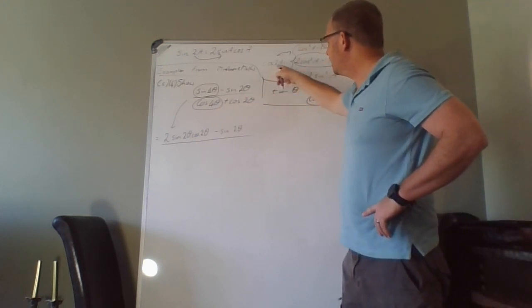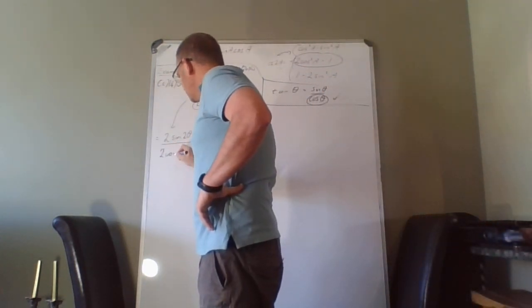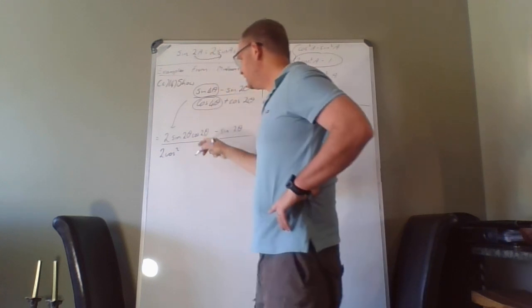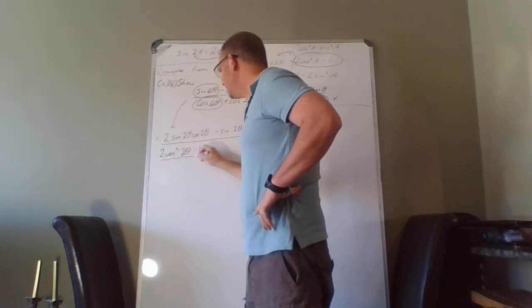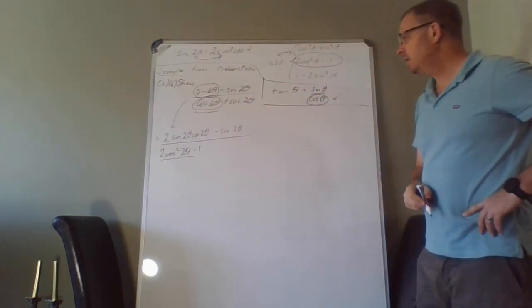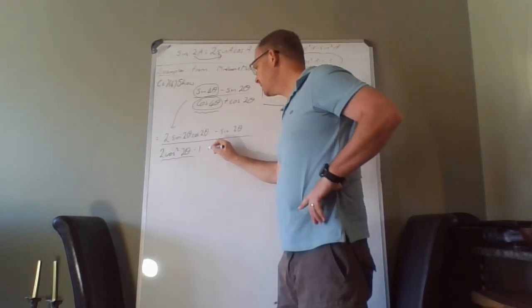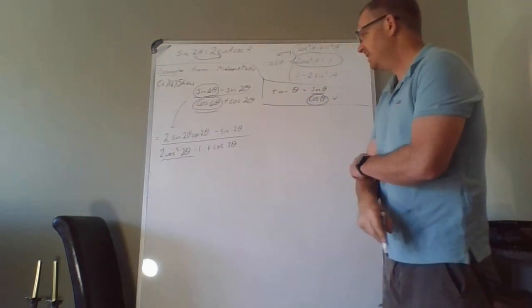What's cos 4 theta going to become? It's going to become 2 cos squared half of 4 theta, which is 2 theta, minus 1. That is that over there. And then I've got plus cos 2 theta.